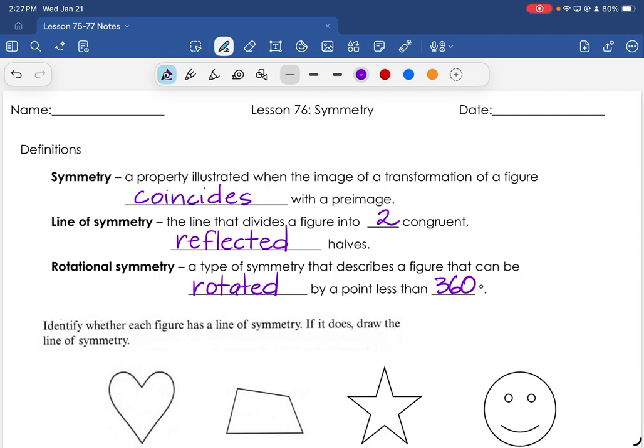So it's got to look the same before it takes a full turn, because all figures look the same once they've made a full turn. So it doesn't count as rotational symmetry if it has to go all the way around. But I'll explain that more here in a minute.